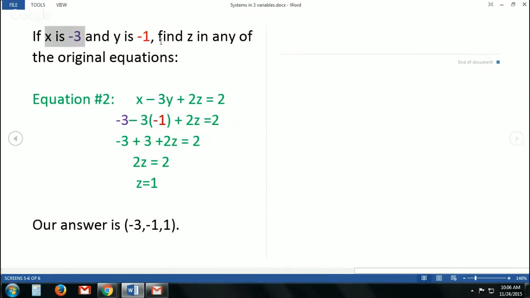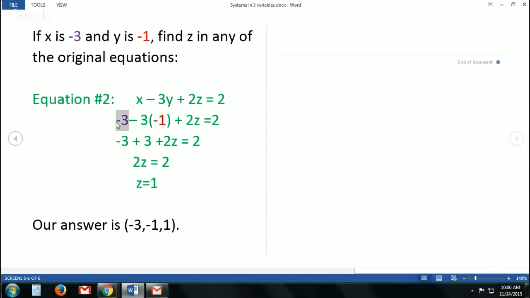Once I know those two variables, we can go to any of the original 3 equations and figure out what z is going to be. I chose equation 2 because it had the smallest numbers and looked like the easiest arithmetic. Let's take -3 and put it in for the x that we see. Let's take -1 and put it in for the y that we see, and then let's do the arithmetic that results.